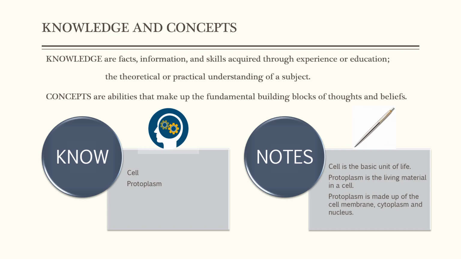So in our list, we are able to know that there is knowledge and there are concepts that we need to learn. Knowledge is facts, information, and skills acquired through experience or education. These are the theoretical or practical understanding of a subject. In every examination, you have to know the facts.